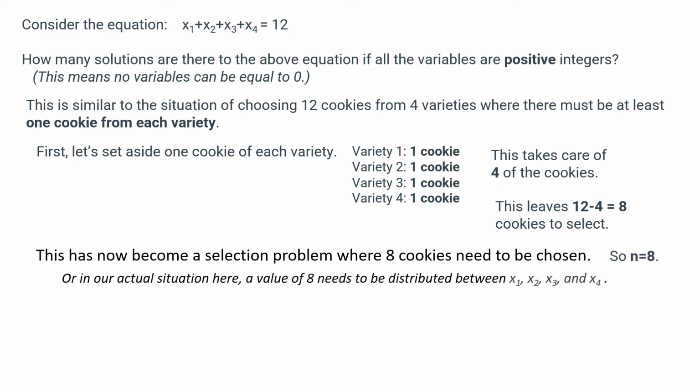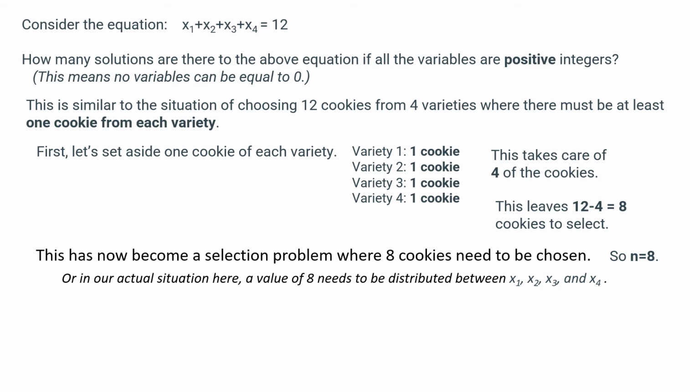So again, if we want to think about the equation, we could think about it in terms of these numbers, x1, x2, x3, x4, which can be any numbers now, right? They can be zeros now, because we've already chosen the 1 cookie from each variety.